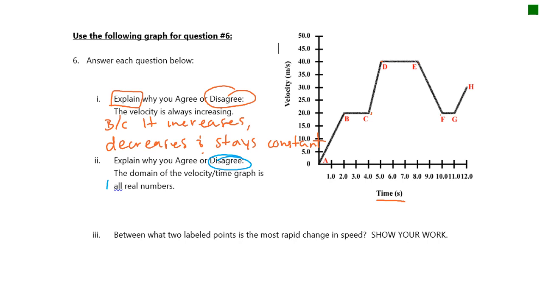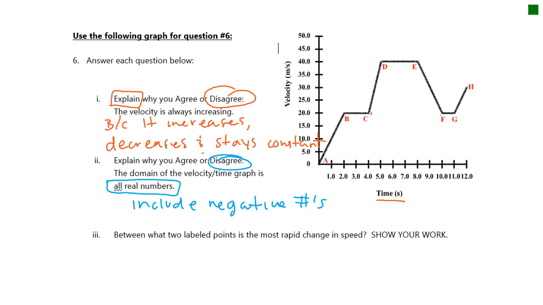But you should know that all real numbers include negative numbers. And do we have negative numbers on this graph? We don't. We only have positive. All right, so that's a reason why I do not agree.